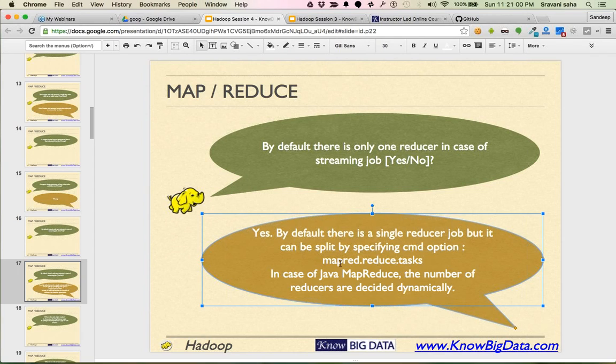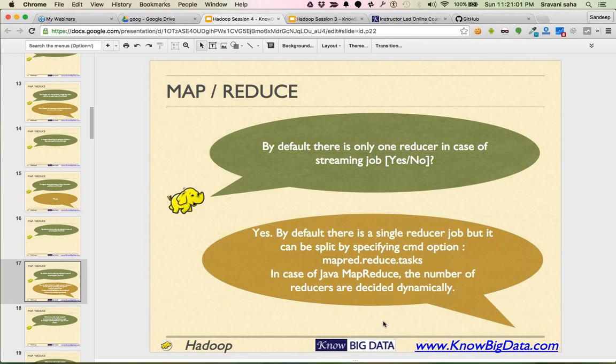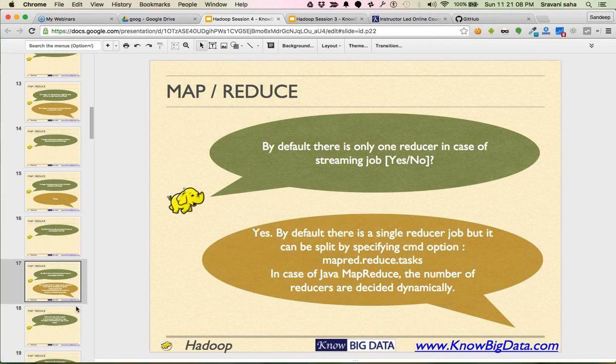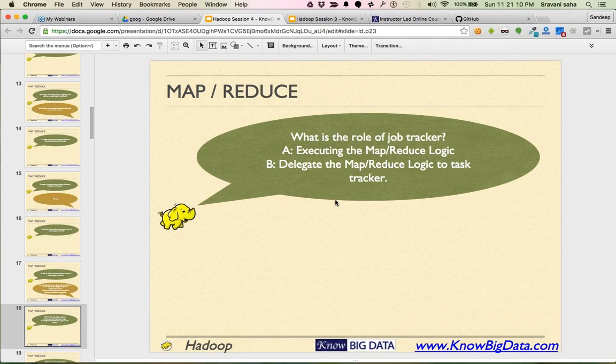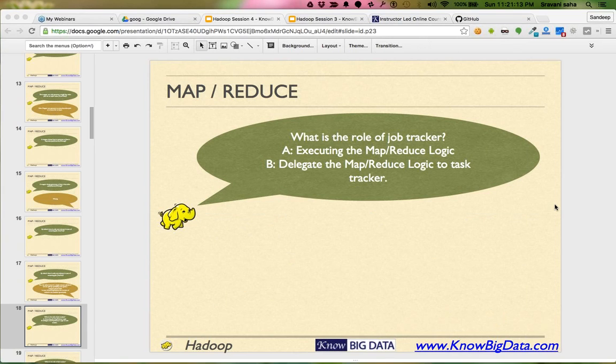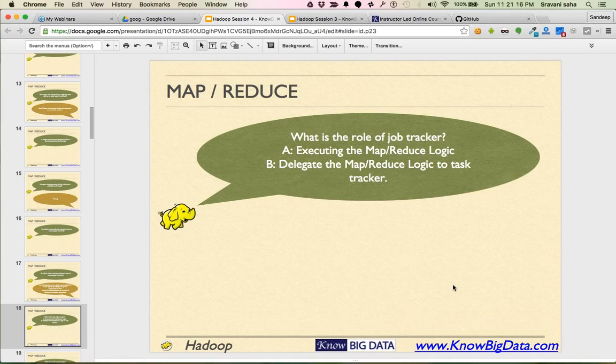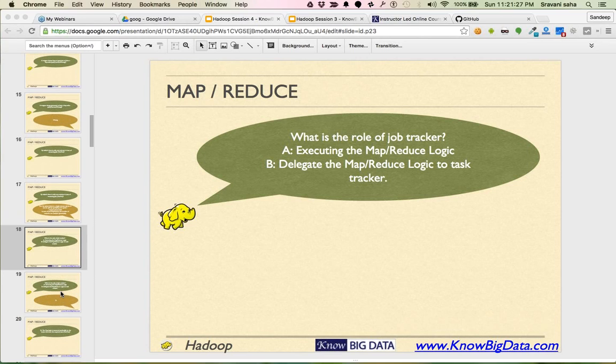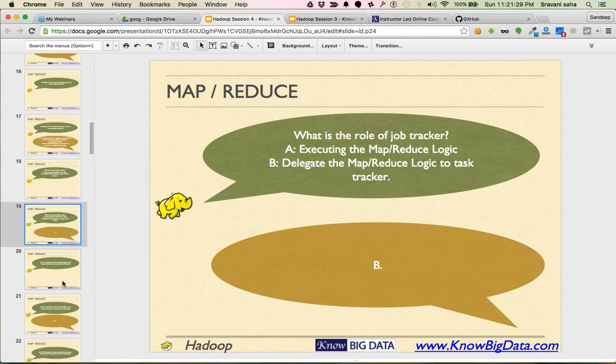Okay. We had shown you earlier. In case of MapReduce, the number of reducers is decided dynamically. And I think this is not true anymore. Right? What is the role of the job tracker? Quickly, executing the MapReduce logic or delegating the MapReduce logic to the task tracker quickly. Great, great. So it is B.